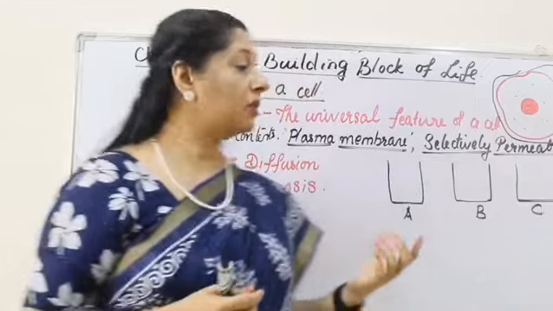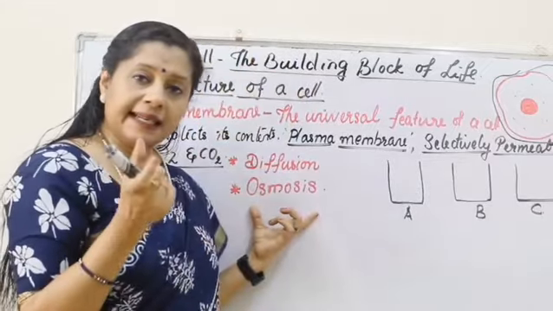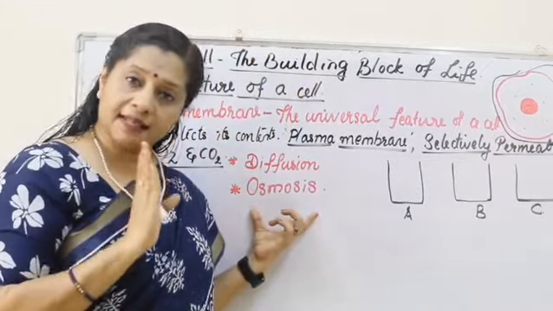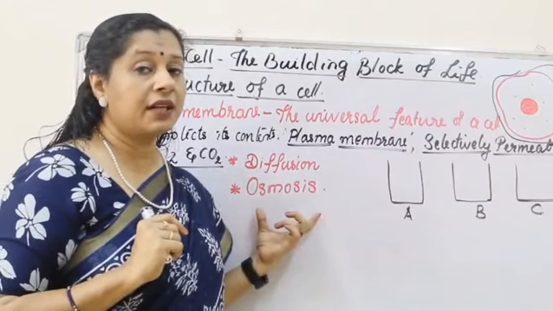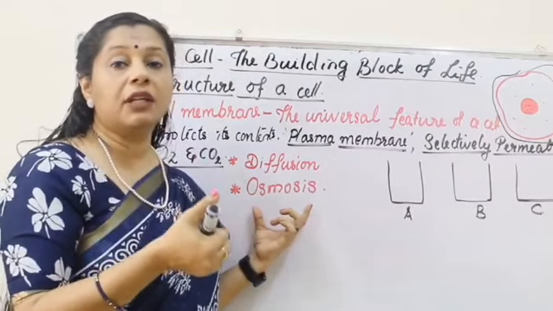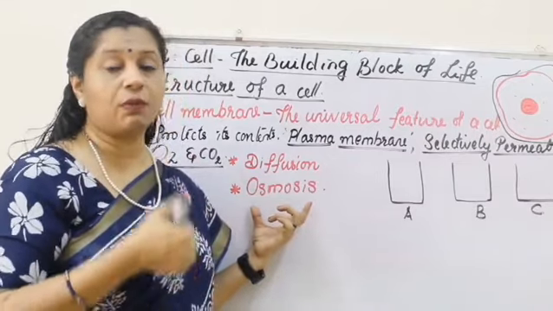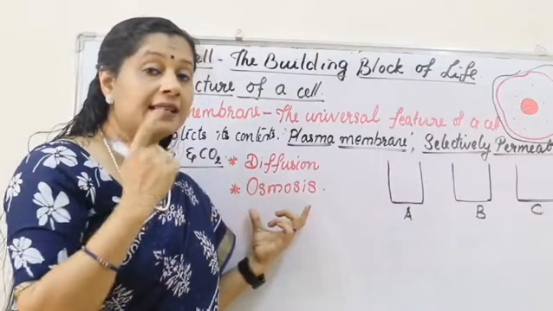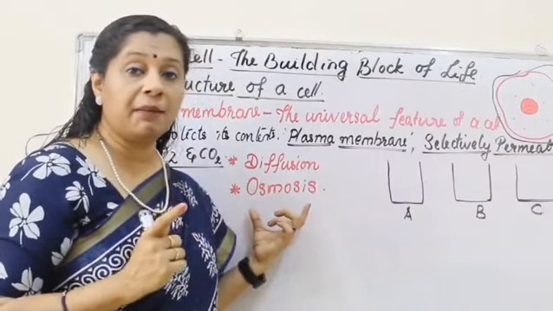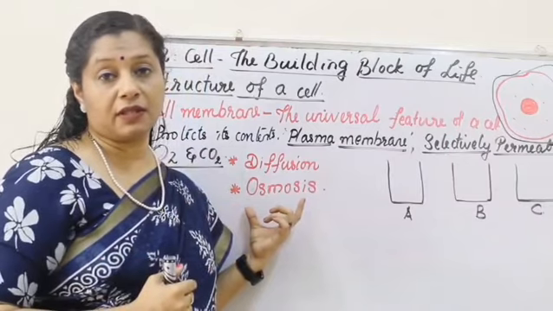Now, when we talk about osmosis, it is slightly different. In essence, we can say it is a kind of diffusion only, but here there is a condition. What is the condition? First of all, we are talking about movement of water molecules from a region of its higher concentration to a region of its lower concentration. Second condition, there should be a membrane allowing the movement across this.